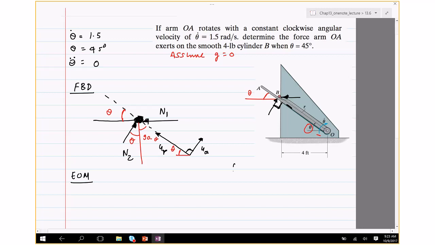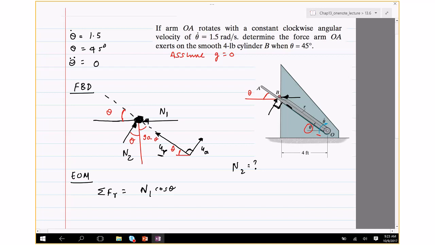So the net force in the R direction, in this direction, is going to be N1 cosine theta. So it's this force. I take N1 and I've got to resolve it along the R direction, this direction.